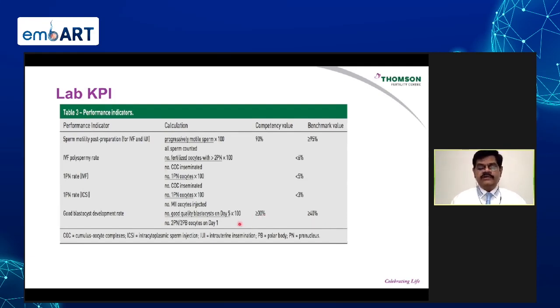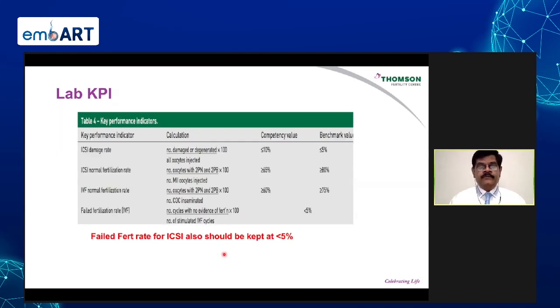But however, I'd like to do it in a different way for blastocyst development rate. Because many times we actually thaw the day 3 embryos and grow them to blastocysts in frozen embryo transfer cycles. So I'd like to calculate it as number of good quality blastocysts on day 5 upon number of embryos cultured.